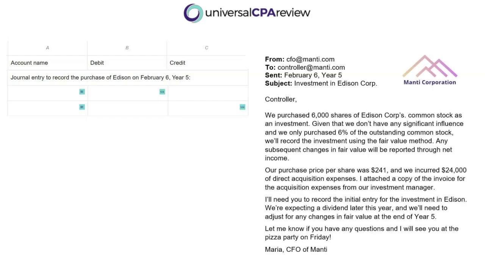So looking at the simulation, the first thing we need to do is come up with the journal entry to record the purchase of Edison on February 6th, year 5. If we go back to the email from the Manti CEO, it says we purchased 6,000 shares and our purchase price was $241 per share, but they also incurred $24,000 of direct acquisition expenses.